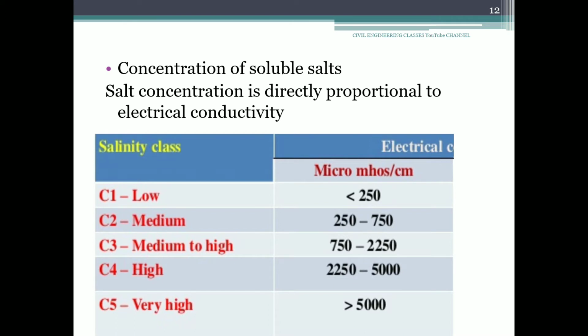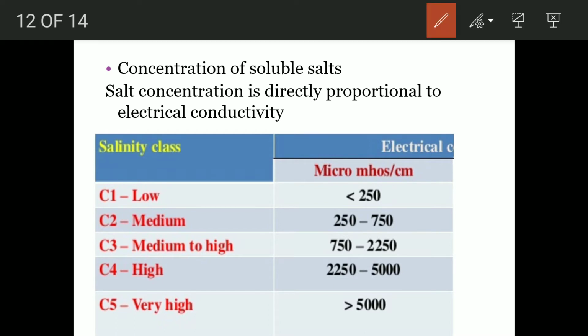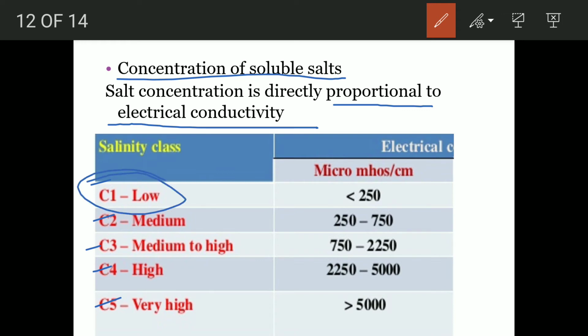Next one is finding out about the concentration of the soluble salts. We have already said the salt concentration is generally expressed as the electrical conductivity. So salt concentration is directly proportional to electrical conductivity. There are 5 salinity classes: C1, C2, C3, C4, C5. C1 means the lowest electrical conductivity, that is less than 250 micromhos per centimeter.